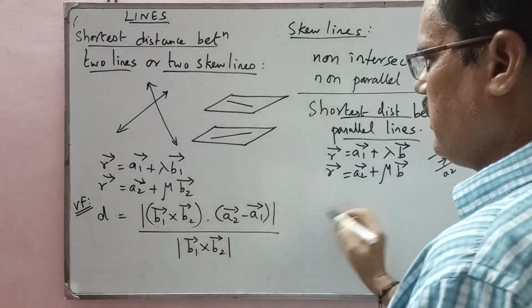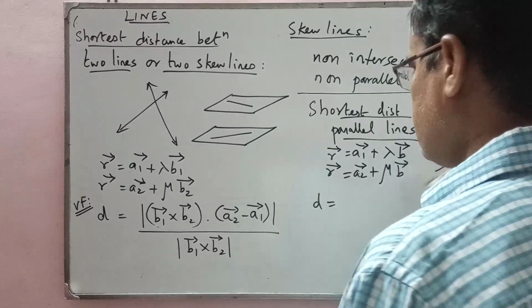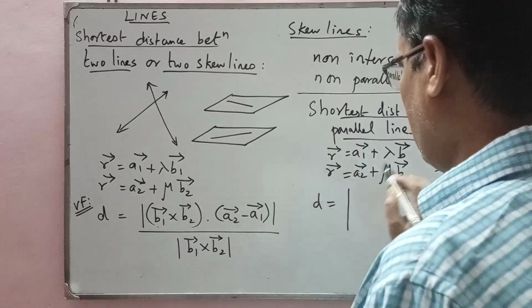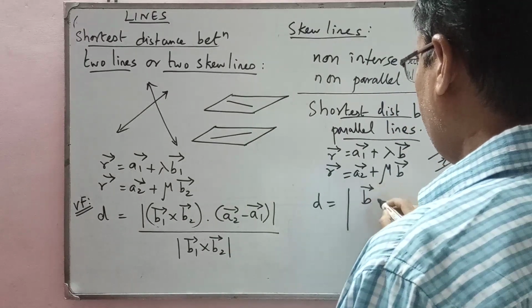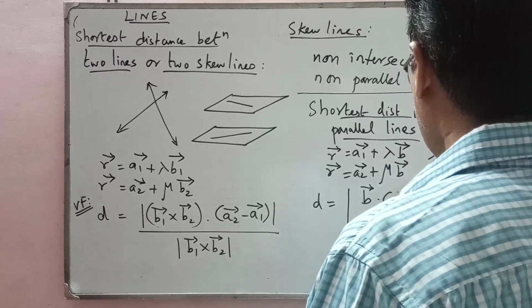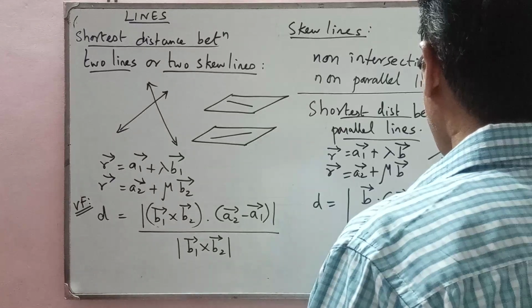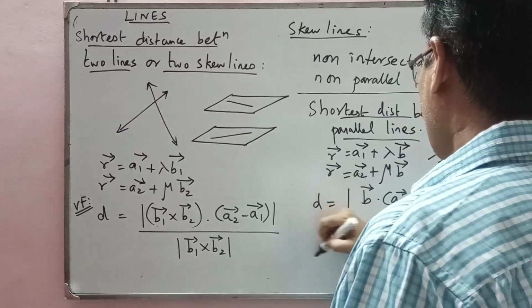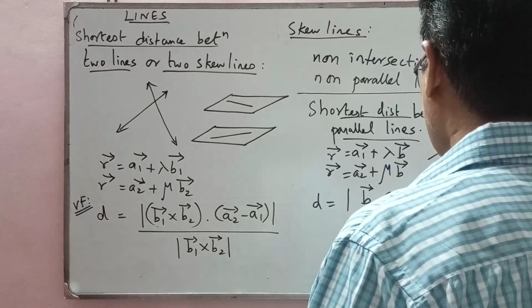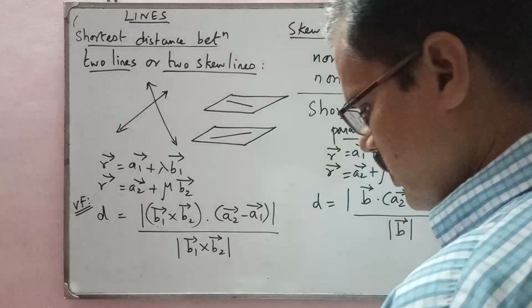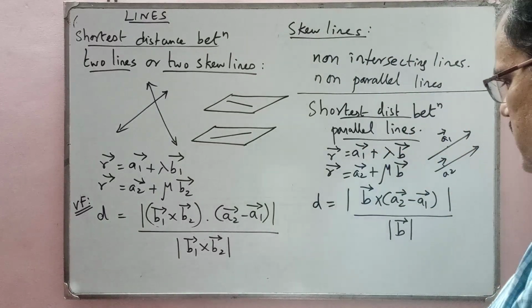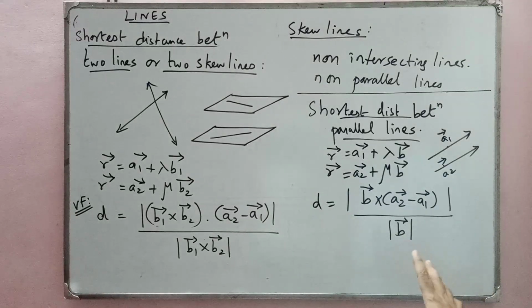It passes through a1 vector, this passes through a2 vector. Direction of the vectors are b vector, it will be same. Now with this formula you can write the shortest distance between these two lines is modulus of, we don't have b1 and b2, we have only b. So b vector cross a2 vector minus a1 vector divided by modulus of b vector.